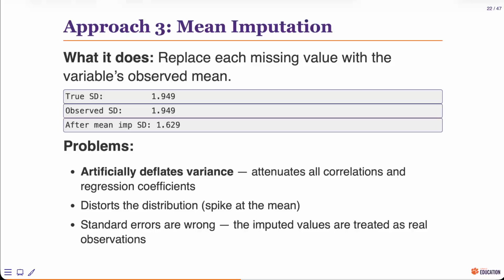So you end up with a smaller variance, which will cause issues with standard errors later on. Plus, it also distorts the distribution itself. You might have a spike at the mean, meaning all the missing data show up there. That also causes problems when we think about normality assumptions that might apply in some of the models that we're using.